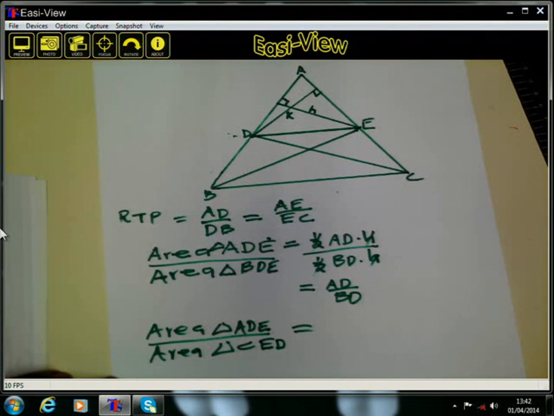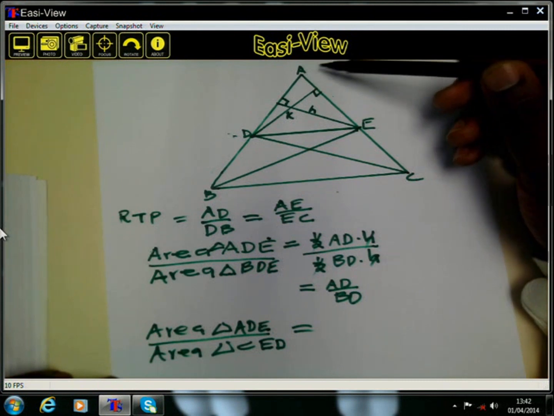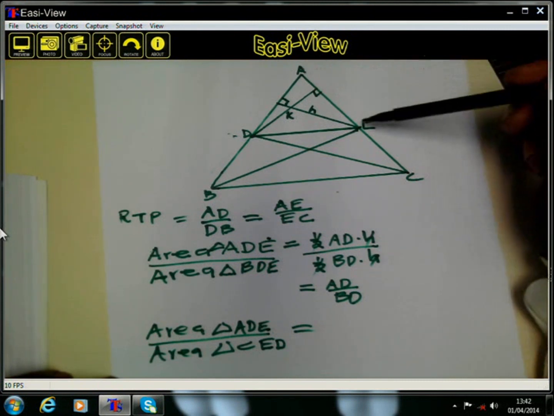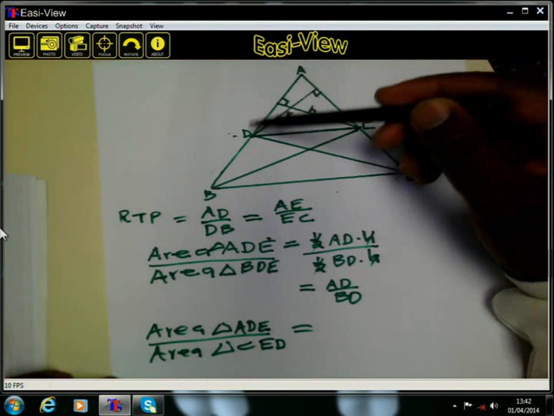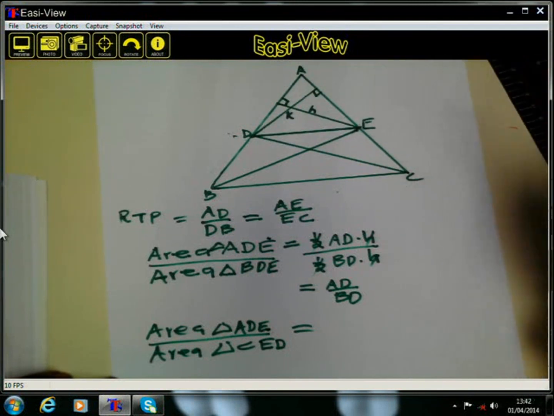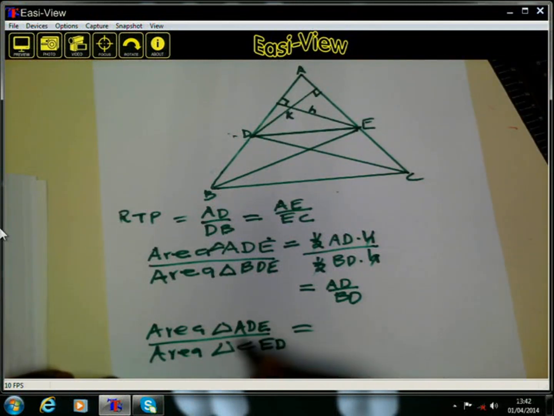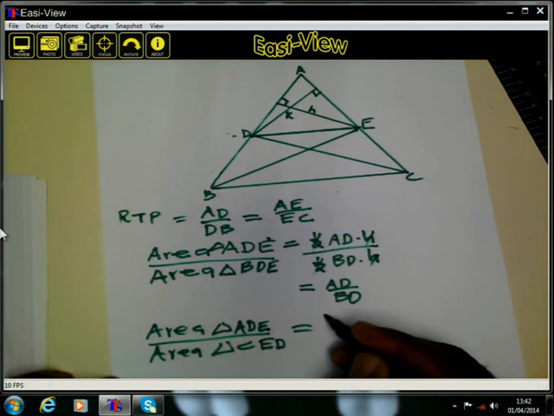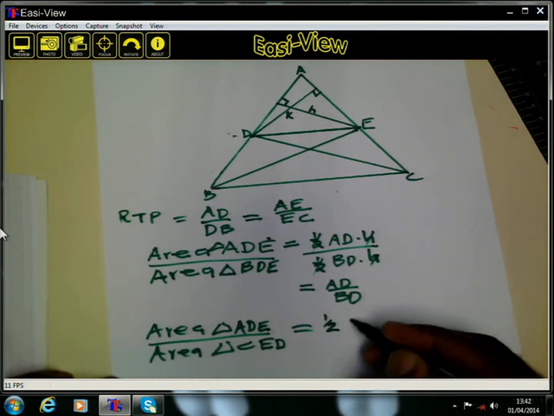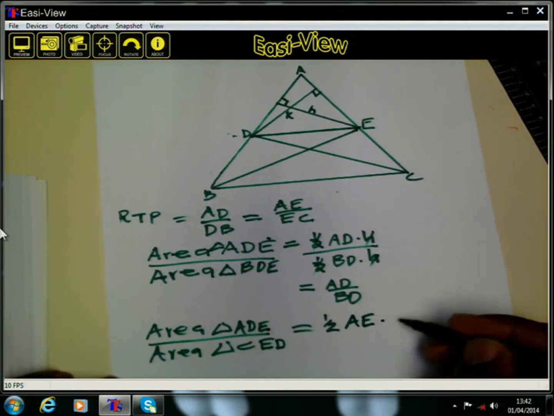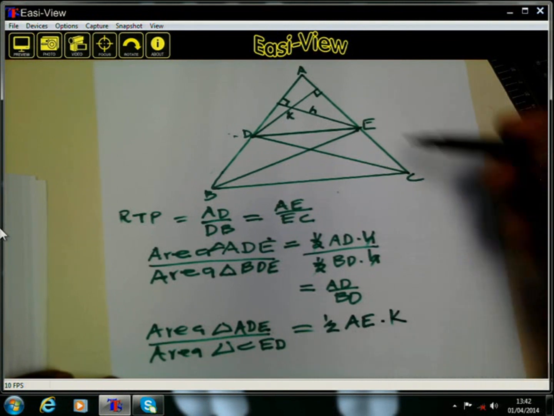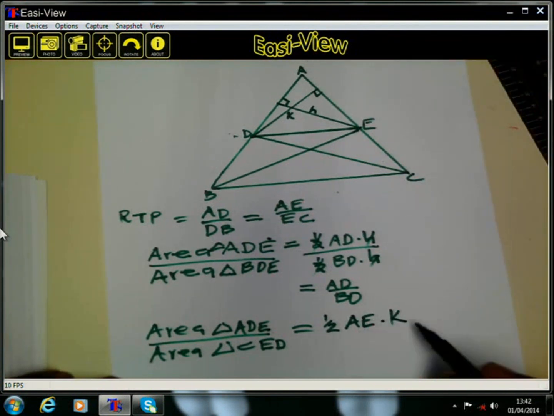This time when you look at ADE, we are going to use this side, AE, as the base, not that side. We have used that side. Let us now use this side. So the definition of area of triangle ADE would be half AE, because AE is the base, multiplied by the perpendicular height, which this time is denoted as K.